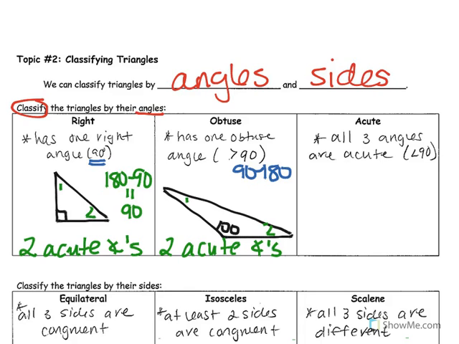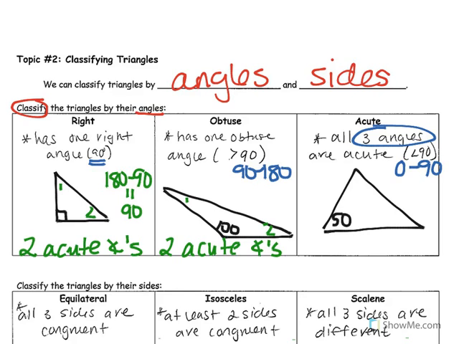And then last but not least, we have an acute triangle. Okay? And this is a little bit different because all three angles now must be acute, and they have to be less than 90 or between 0 and 90. So if I draw a triangle here, let's say that this angle is 50 and this angle is 60, we're able to actually find that last angle.